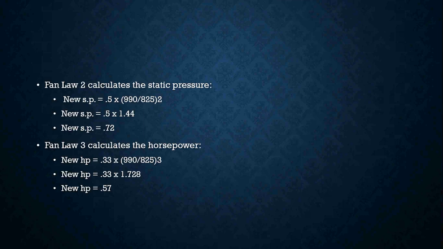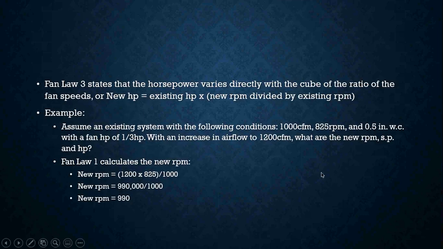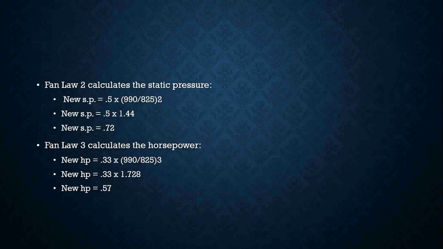If I wanted to calculate the static pressure of what I needed now, we know that we were dealing with 0.5 inches of water column for this unit. So I have to plug in my numbers. Okay, so 0.5 times 990 divided by 825 squared, that's going to give us 0.5 times 1.44.